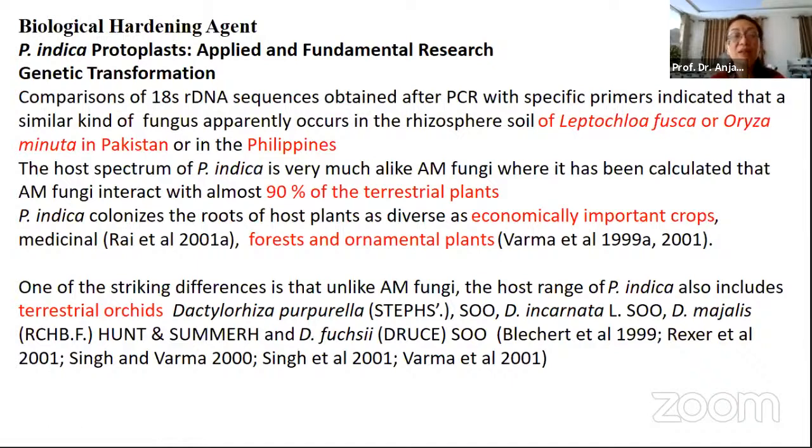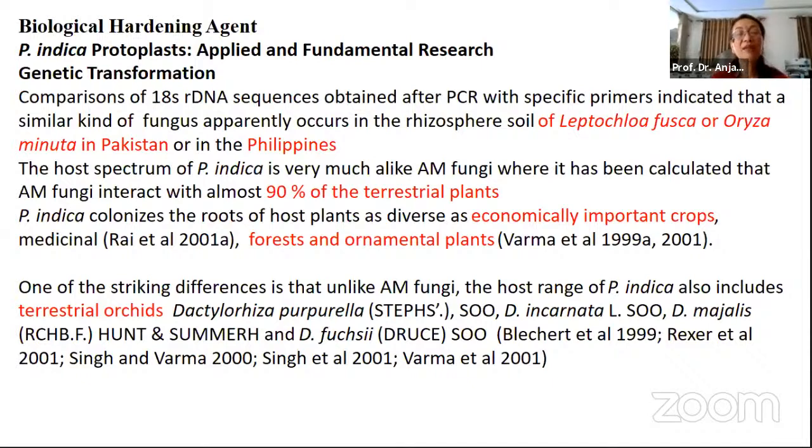Not only that, various crops, medicinal plants, and even the forest tree seedlings. Also, it has been tested and it can colonize these, and obviously it can also be planted in the forests along with this fungus.